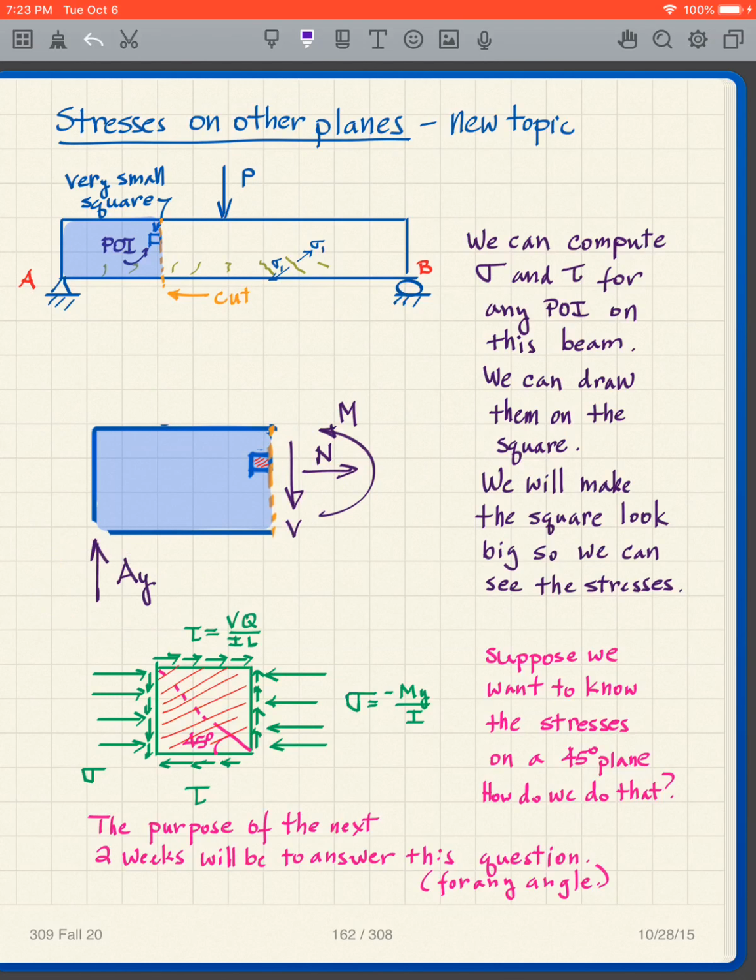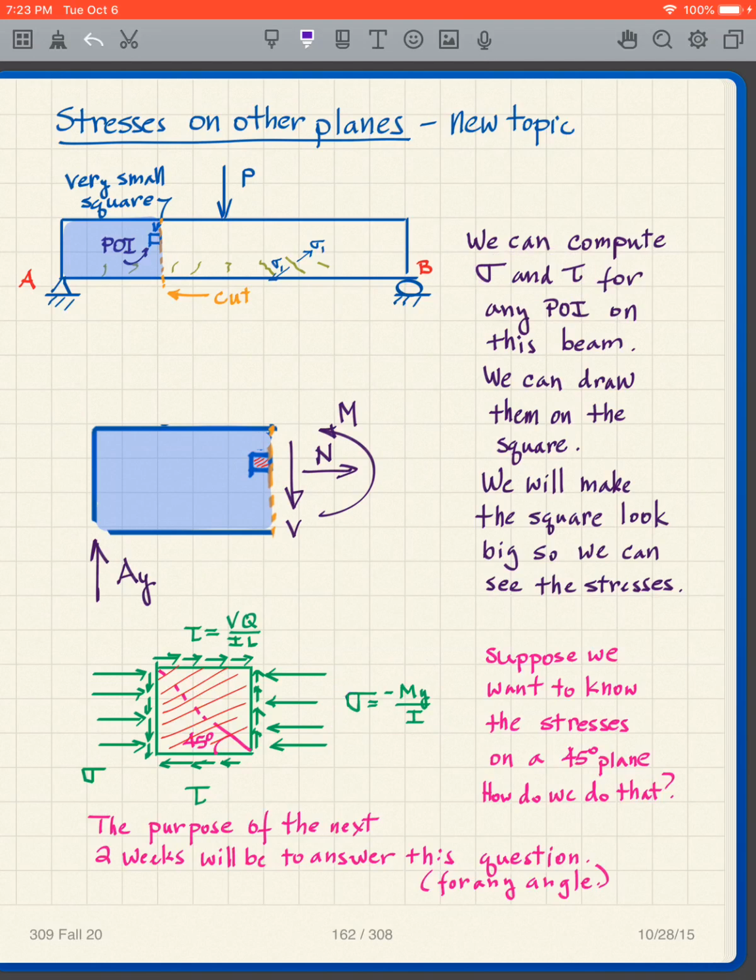And if I look at this little square, and that's the square here, what do I find? I can compute my sigmas and my taus. So I'm going to get my sigma and my tau, and what do I know? I know that sigma is equal to minus My over I.